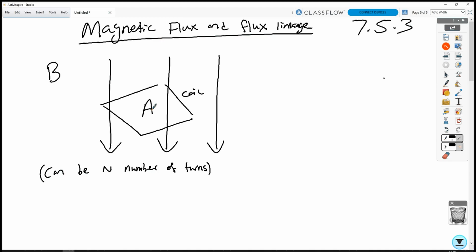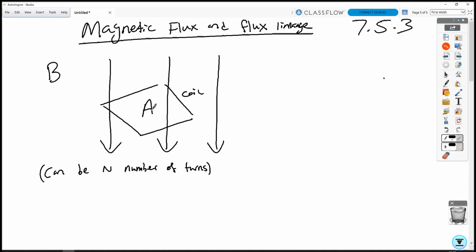Now when we're looking at coils, we use something called an indicator. An indicator is an imaginary arrow that extends from the plane of that area that we've drawn. Kind of like when you're doing reflection and refraction, we draw an imaginary normal line. So we're doing the same thing, drawing an imaginary line.